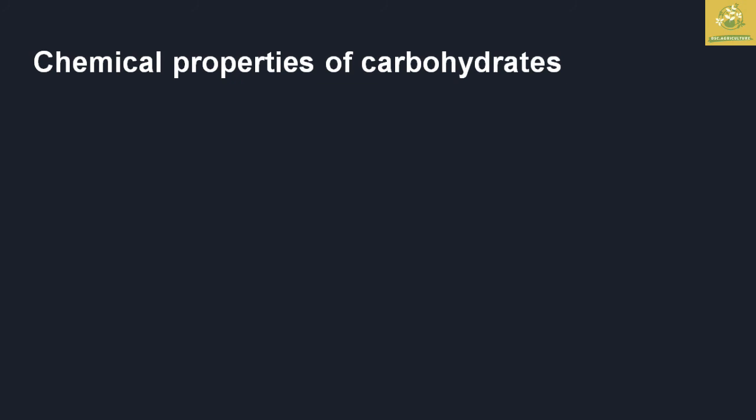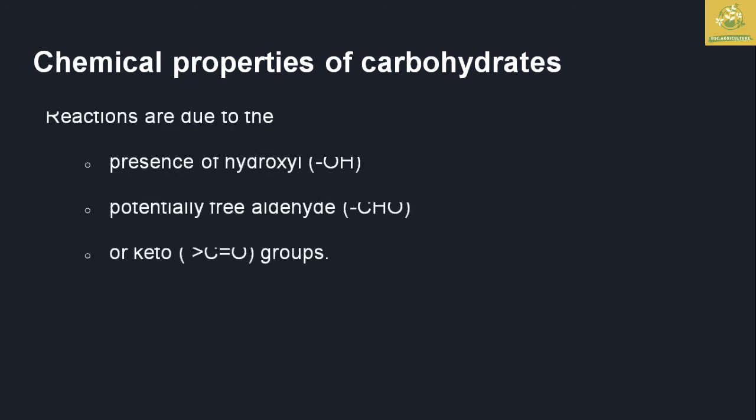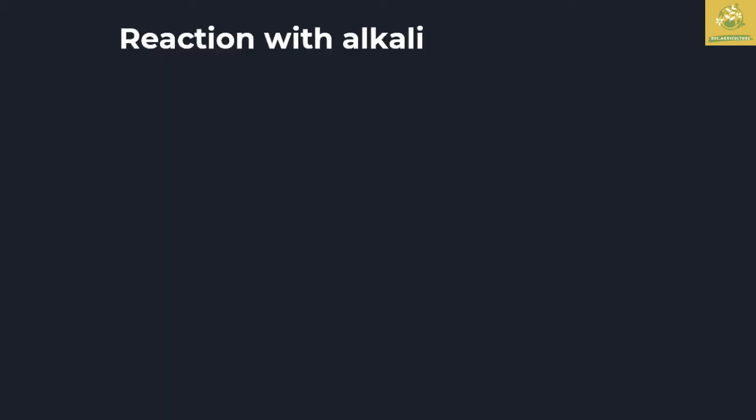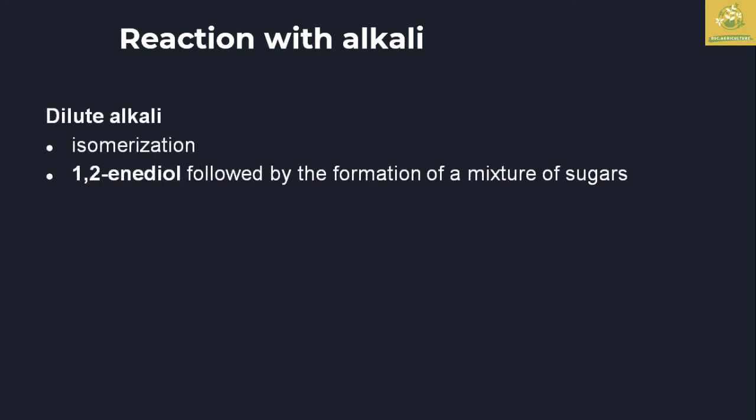The other topic we are going to see is the chemical properties of carbohydrates. They can have reactions due to the presence of hydroxyl and potential free aldehydes, which is CHO, as well as keto groups, CO. When they react with dilute alkali, they show isomerization, and enediols are formed, followed by the formation of a mixture of sugars.